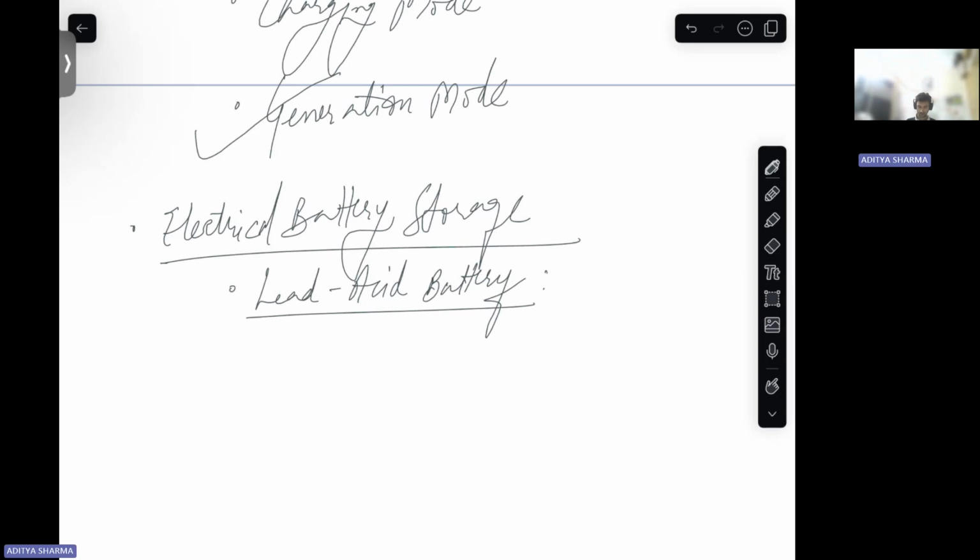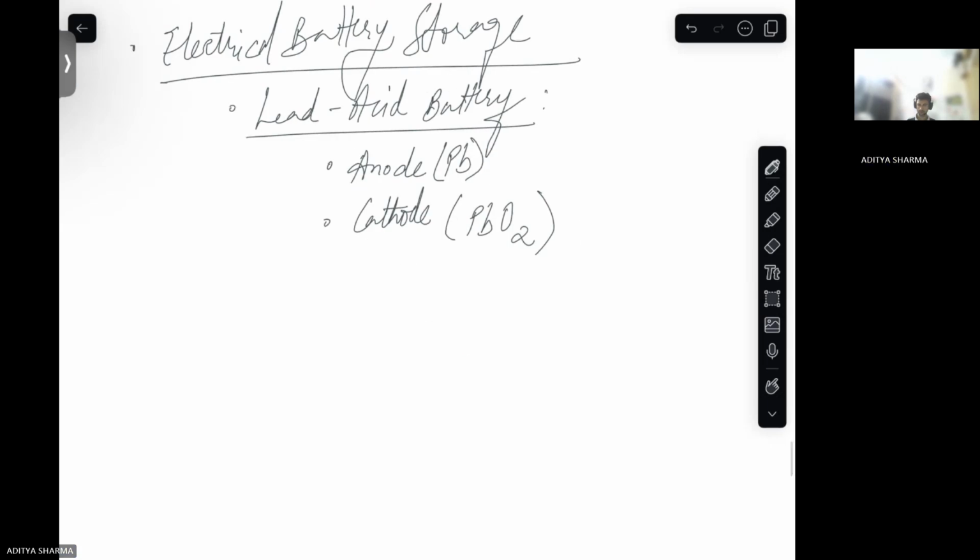So in batteries for that matter, you have one anode and one cathode. At anode, you have oxidation taking place. At cathode, you have reduction. Here, lead acts as anode and lead oxide acts as cathode.